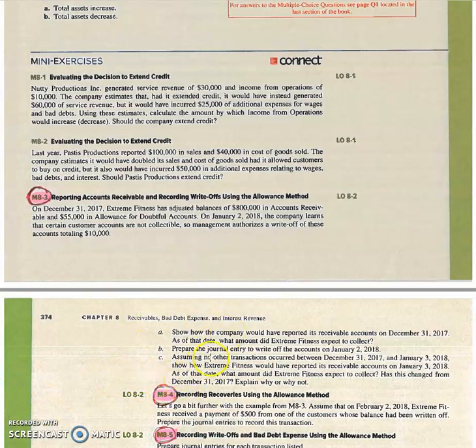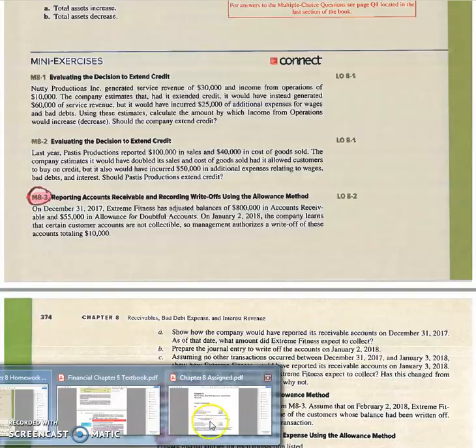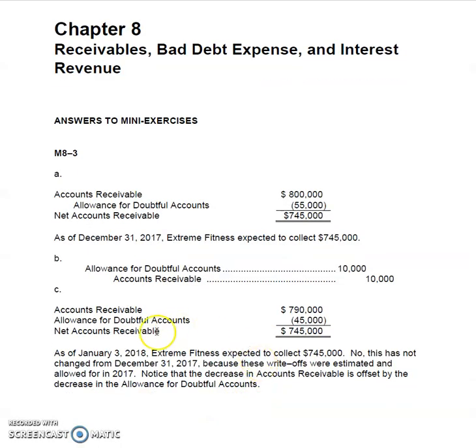The C part, assuming no other transactions occurred between December 31 and January 3rd, show how Extreme Fitness would have reported its accounts receivable on January 3rd, 2018. As of that date, how much did they expect to collect? Has that changed from December 31? Well, the answer is no, it has not changed.